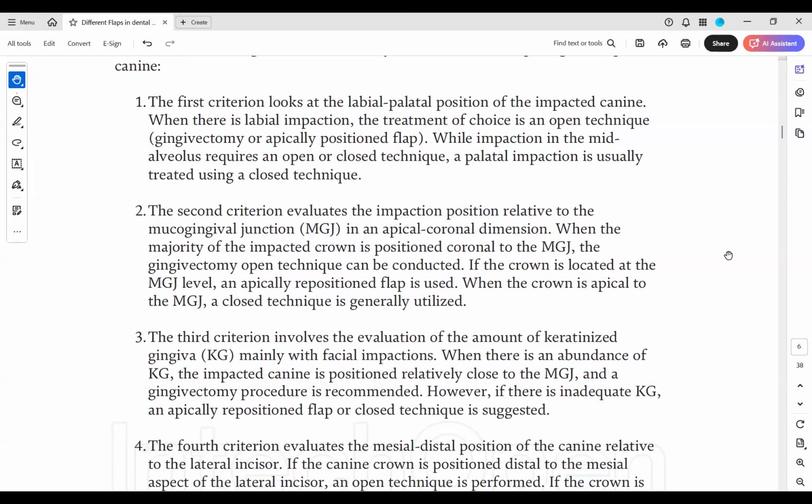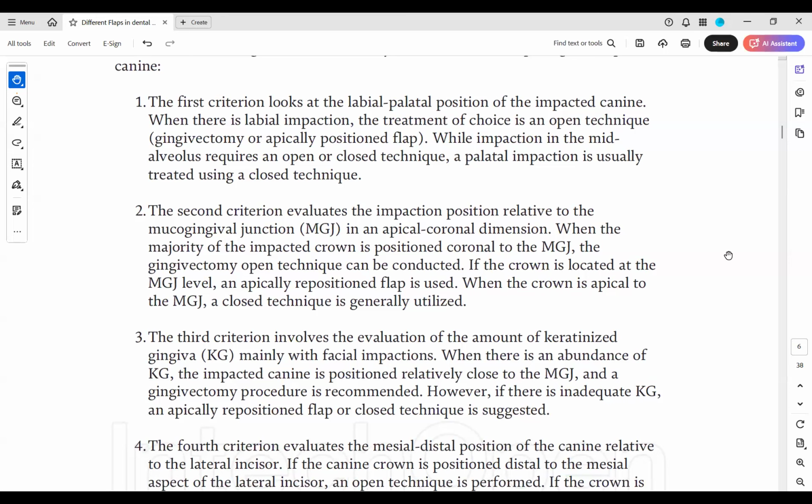If your crown or even the cusp of your canine... none is better than the other in this case. Nobody is asking you which is better. There are indications here in terms of the position of the canine that will dictate whether you're doing open or closed.